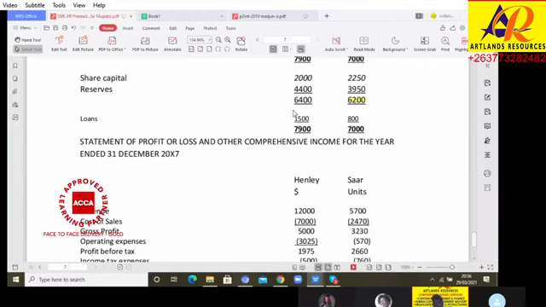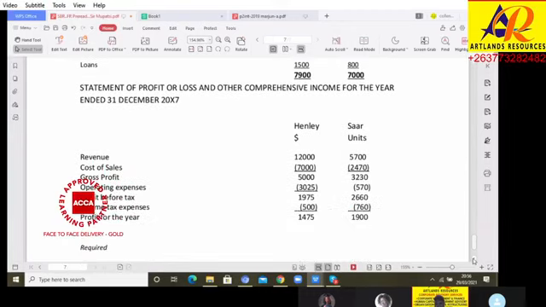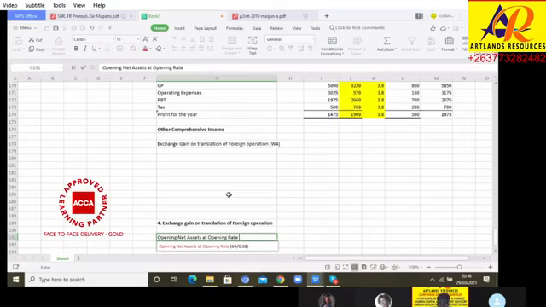So if you are given closing and you are told that there was profit in units of 1,900, if you take out 1,900 from closing, you get opening, because net assets, they increase by profit. You get that? So opening net assets at opening rate, it's a matter of saying 6,200, which you are given.